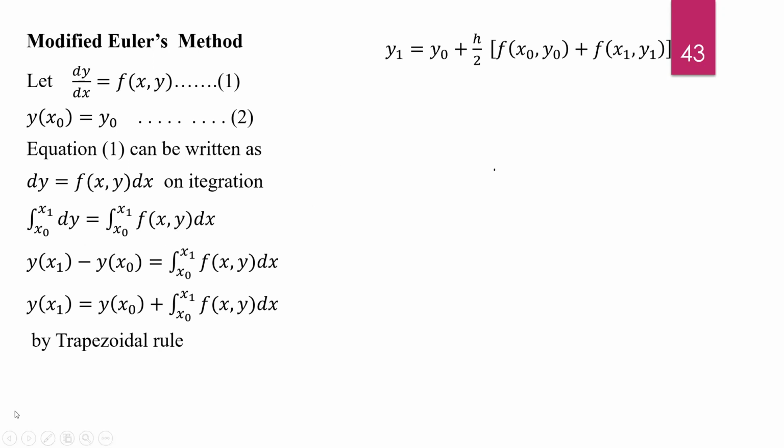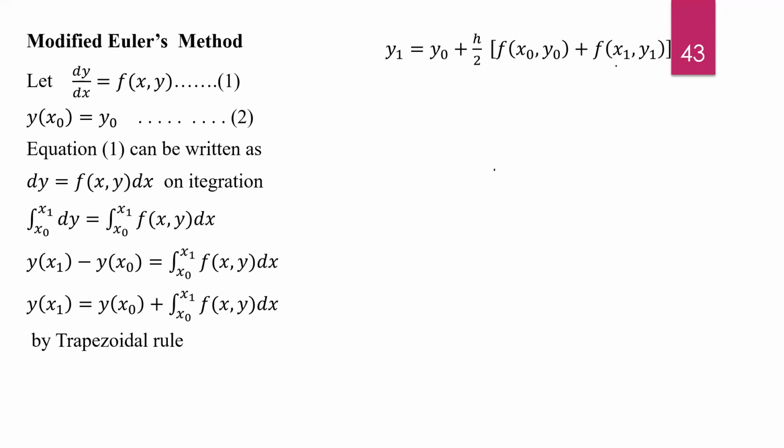Then we get y suffix 1. Y suffix 1 means the value of y at x1 is equal to y naught plus h upon 2 in bracket f at x naught y naught plus f at x1 y1.